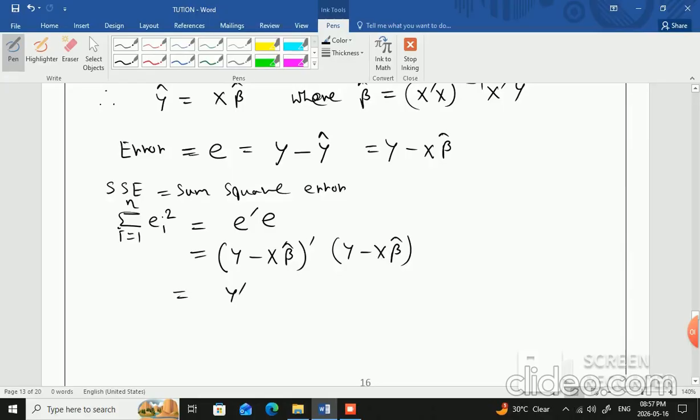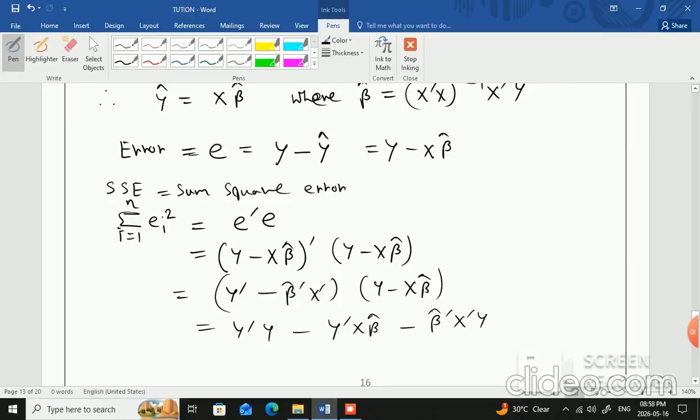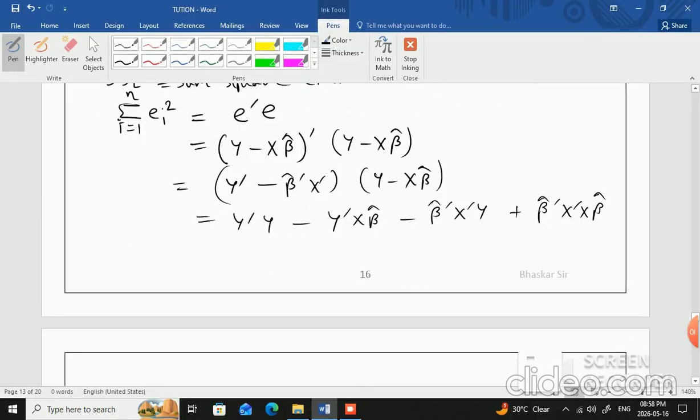After transposing we get beta hat dash x dash, y minus x beta hat. Now we multiply: y dash y minus y dash x beta hat minus beta hat dash x dash y plus beta hat dash x dash x beta hat. So these two quantities are the same.